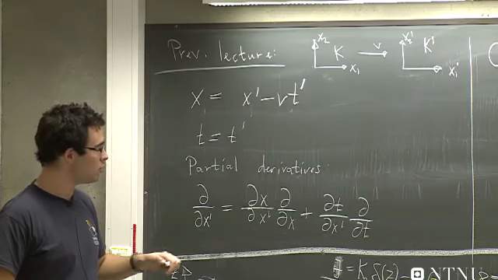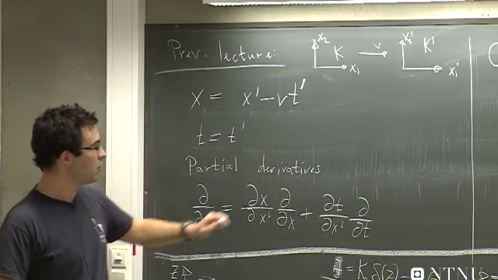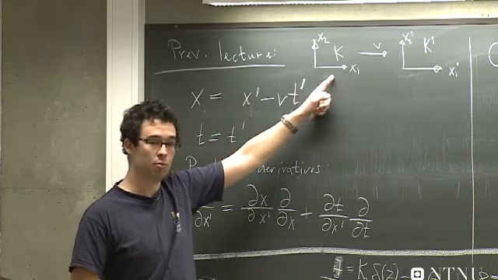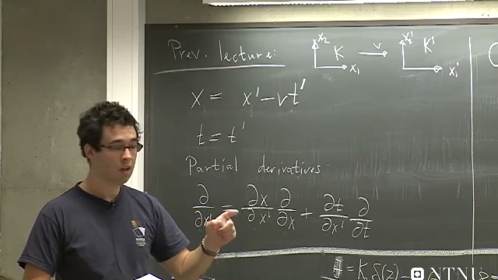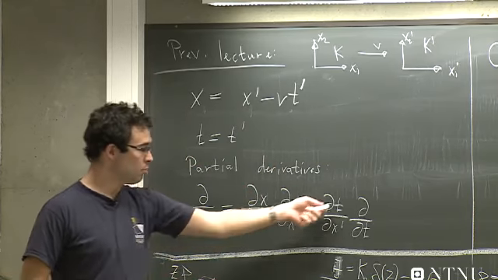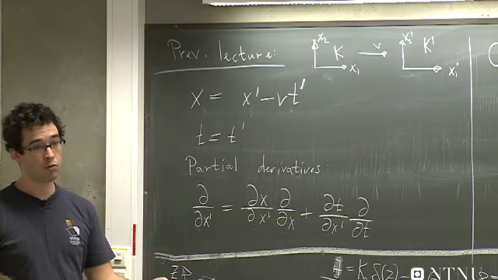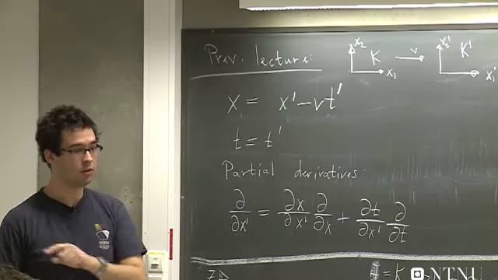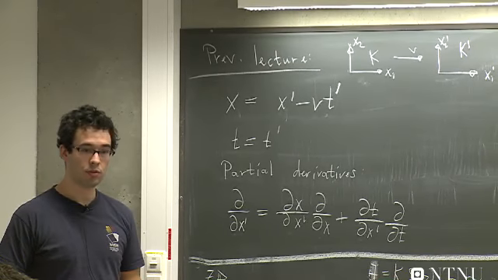But the point is that we want to express the partial derivatives in this system using only partial derivatives from this system. We don't want to mix the two systems. So the suggestion to keep differentiating would actually perform the inverse transform again, and that would bring us back to the system we started in, and that's not very useful.